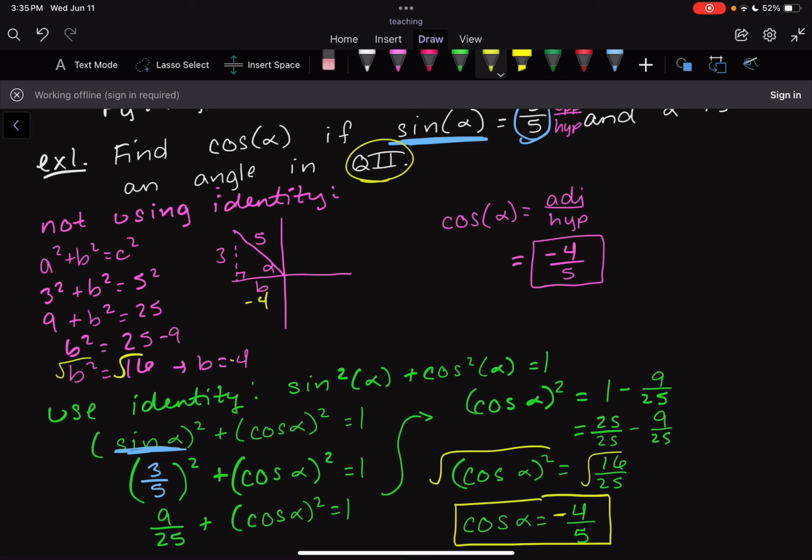The reason that if I tell you to use an identity, I would like you to use it, is really to get you prepared for test 2. Test 2 is a little hard, and we use a lot of identities and stuff, so I want to get you used to using them earlier rather than just throwing it all on you at once. So this is kind of a little intro into using identities.